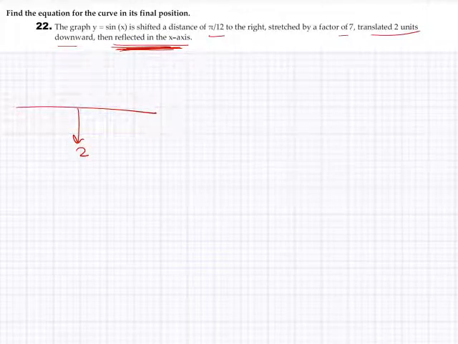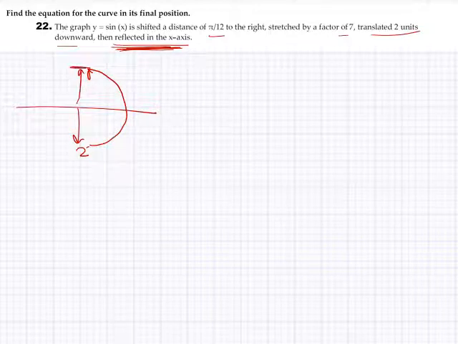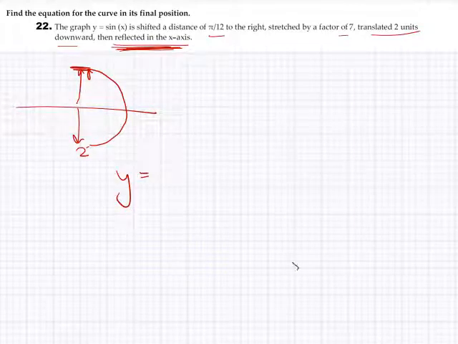Then we're going to flip that over the x-axis. That's going to then put it 2 units up, all right? So thinking about that, the graph being 2 units up instead of 2 units down, that's going to make a big difference.